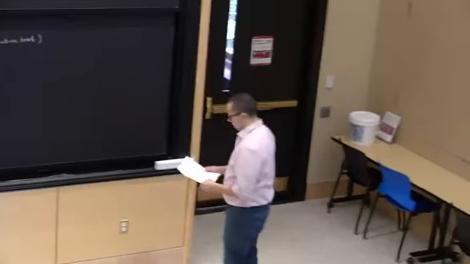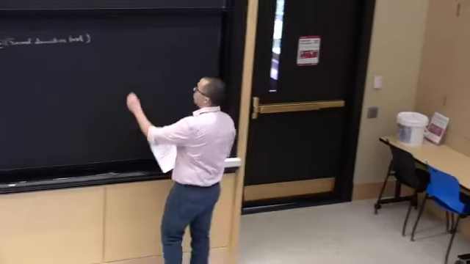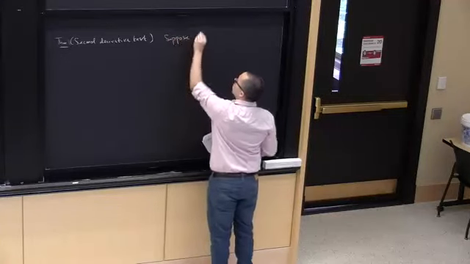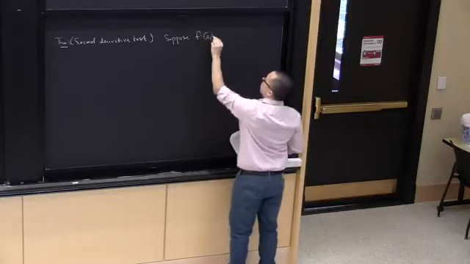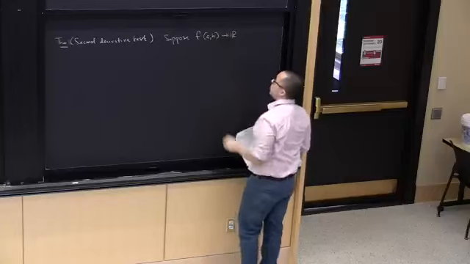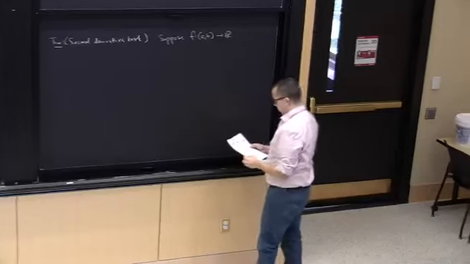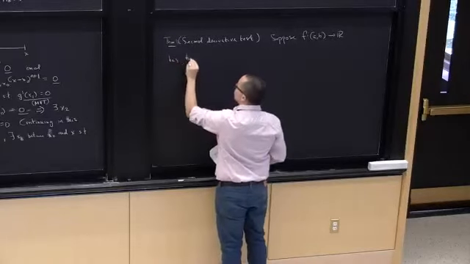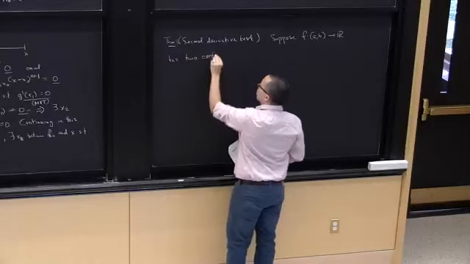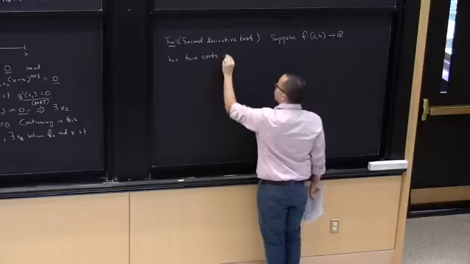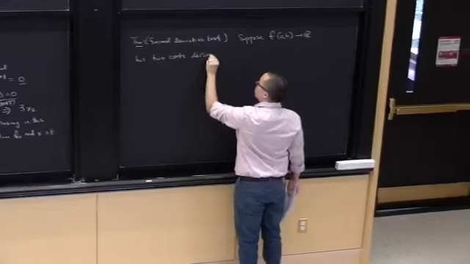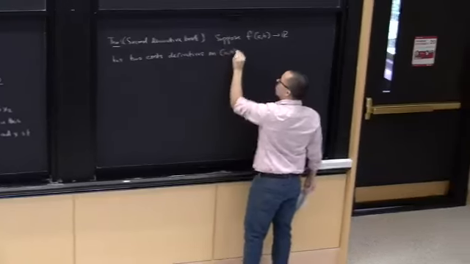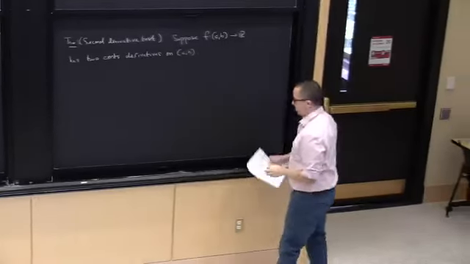We have the second derivative test, which states the following: suppose I have a function from the open interval AB to R, and suppose this has two continuous derivatives on this open interval AB.